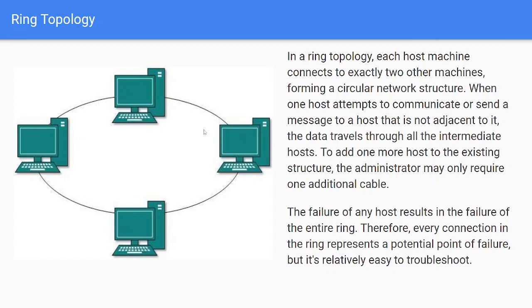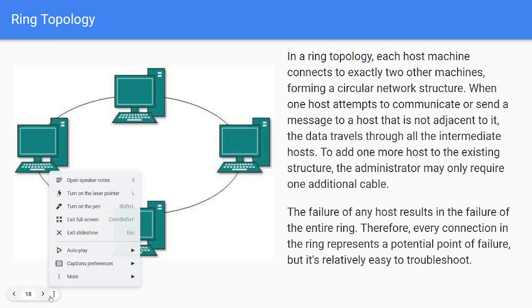So to add one more host to the existing structure, the administrator may only require one additional cable. So you will connect from A, add another device here and then connect again.